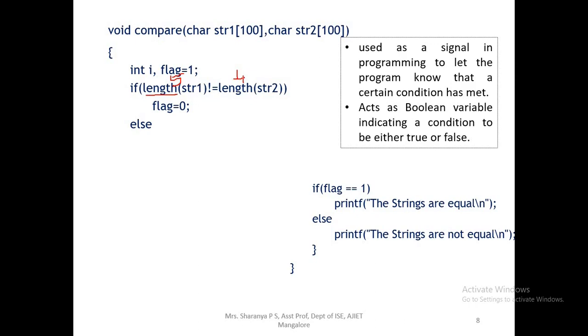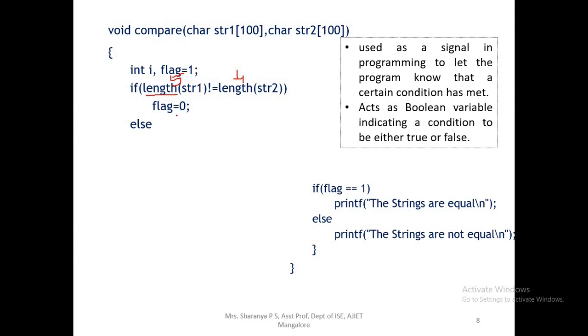So whether 5 is not equal to 4, yes, the condition is true. So the flag value is going to be changed to 0. Initially it was 1, now it changed to 0. And at the end we are checking one condition, that is, if flag is equal to 1, then it says the strings are equal.